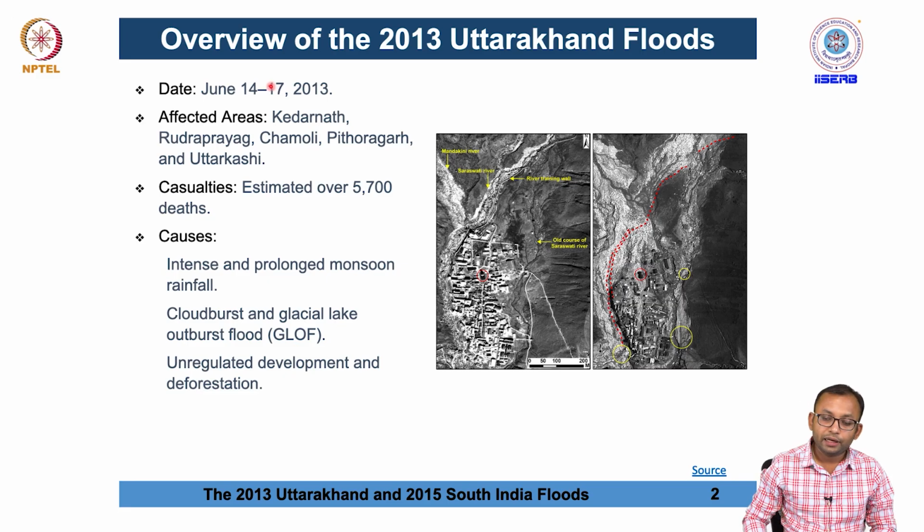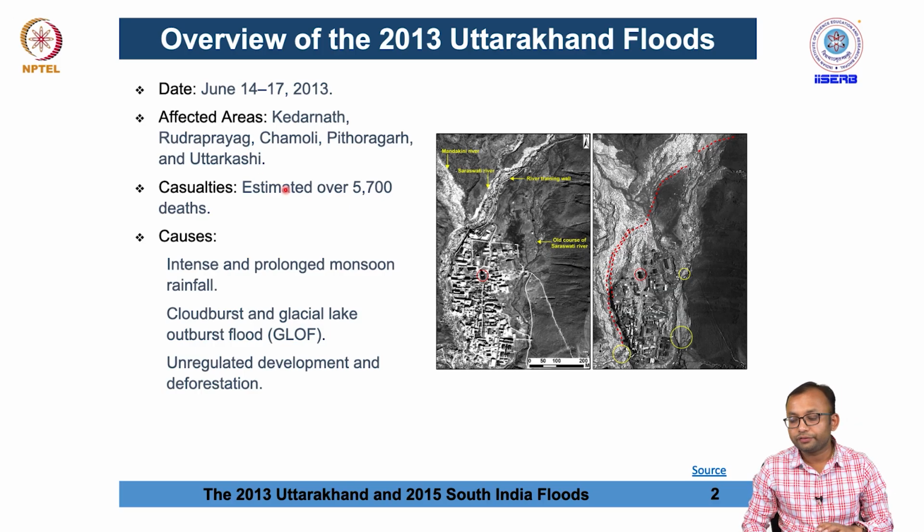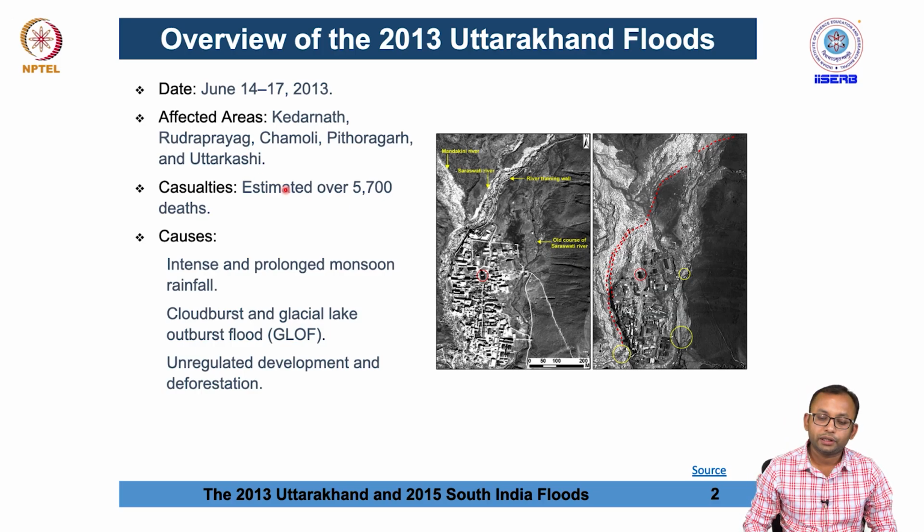Several areas were affected, for example, Kedarnath, Rudraprayag, Chamoli, Pithoragarh and Uttarkashi. Here we have also assessed that post this event 5,700 people died and many casualties were reported. Many people suffered and were injured because of this climate extreme event which happened in 2013.